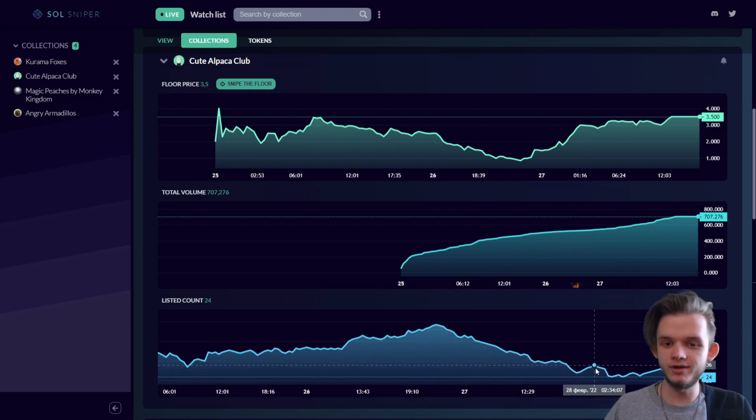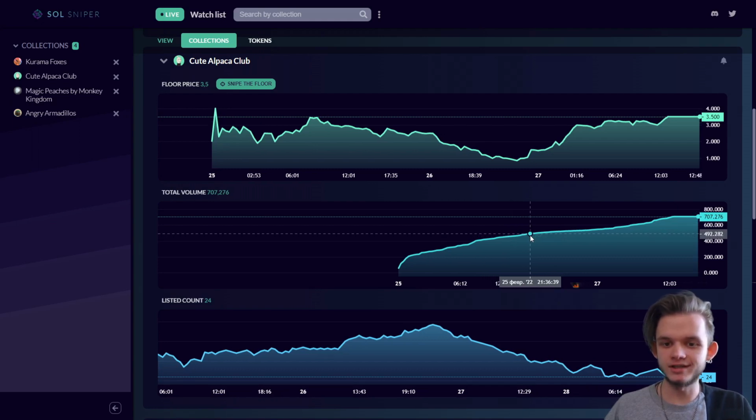This is really simple, this is what you have to watch for in Solana NFTs. The total volume is going up, so more people are buying, and the number of NFTs on the secondary market is going lower. There were like 58, then only 30, and of course the price was just skyrocketing.